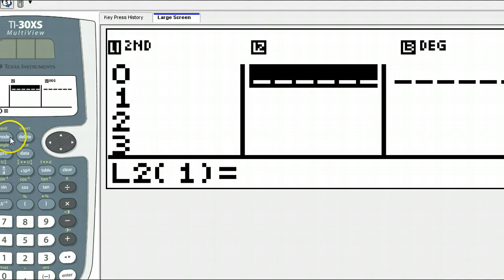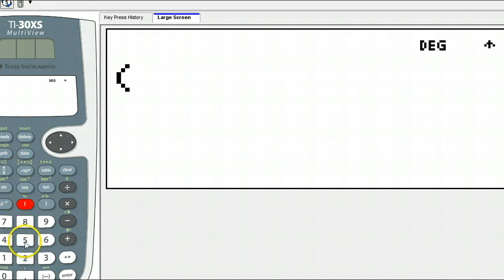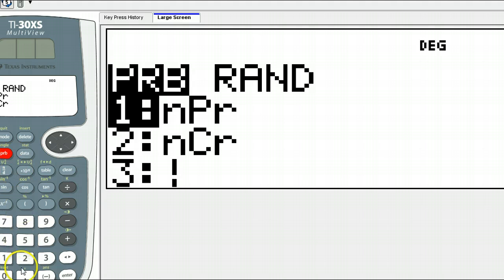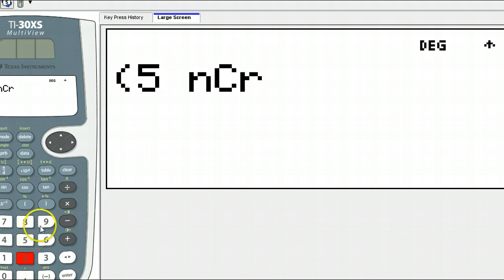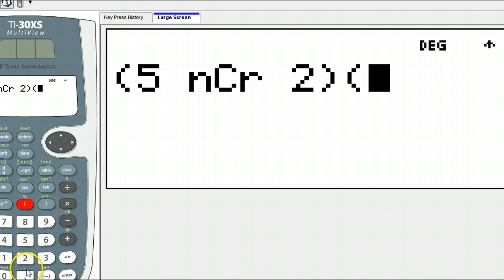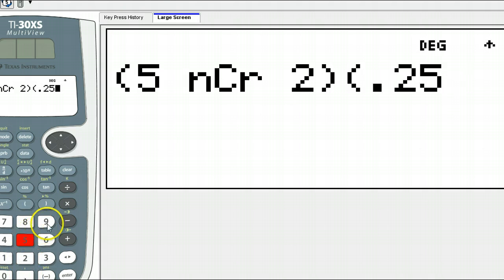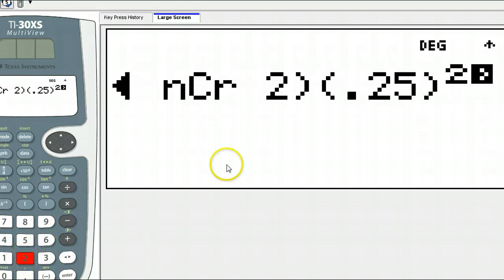So let's go back to a clear area. I'm doing 5, I hit my probability button, second option, so I'm doing 5 choose 2. And then we have that probability of 0.25, again to the power of 2.